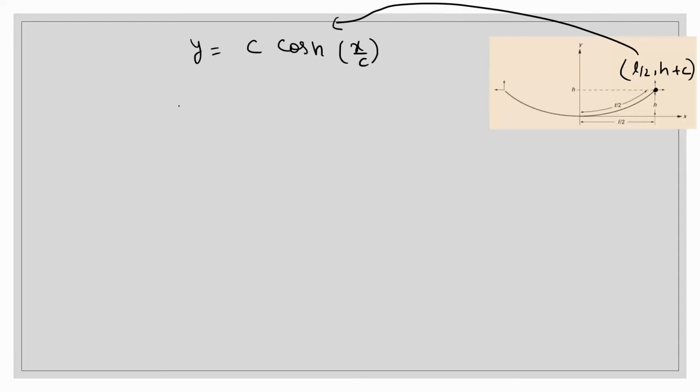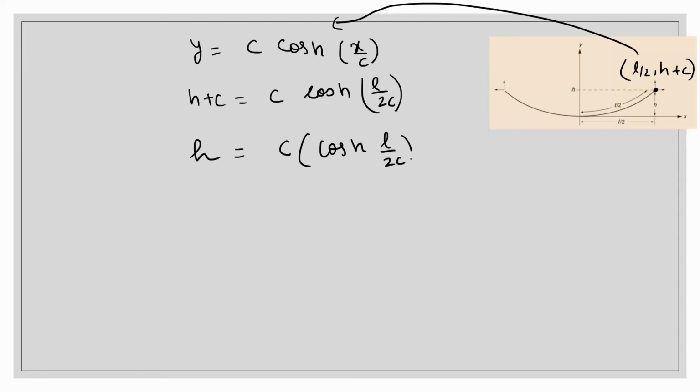So you will get h plus c is equal to c cos hyperbolic L by 2c. So with this I will get h, which will be equal to c times cos hyperbolic L by 2c minus 1. Now this is the formula for the sag, because we want this only h.